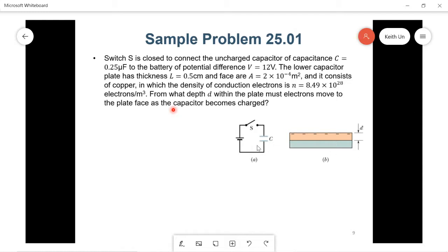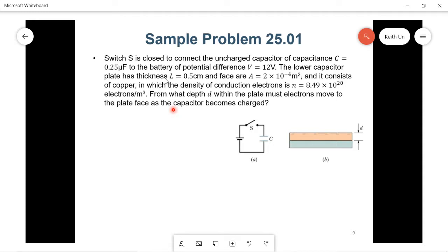So for this one, we have a battery here, which is 12 volts, and we have a switch. We have a capacitance C equal to 0.25 microfarad. The SI unit is farad. So we have a simple battery, switch, and capacitor.